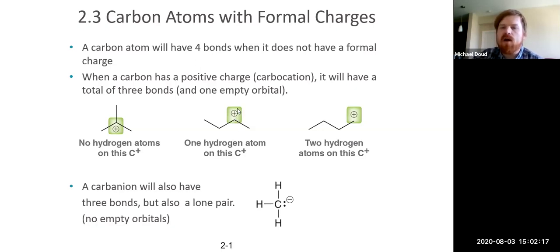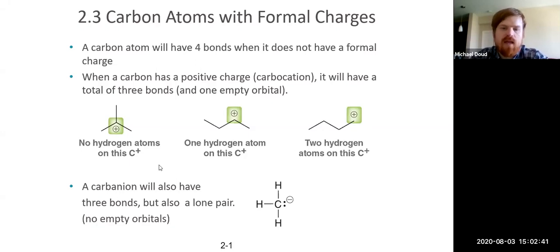So again, the way you can think about it is basically if you see a positively charged carbon, that's going to be an sp2 hybridized carbon. Similarly here, this terminal carbocation has a positive formal charge. It's sp2 hybridized, so we know it has to have 3 bonds. 1 bond is shown, so the other 2 must be 2 implicit hydrogens.